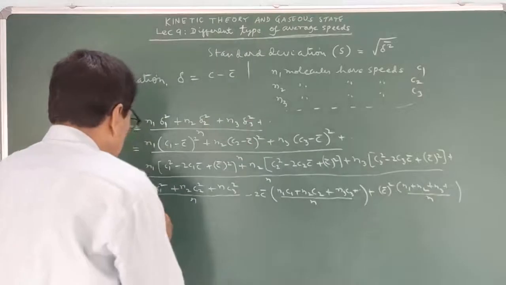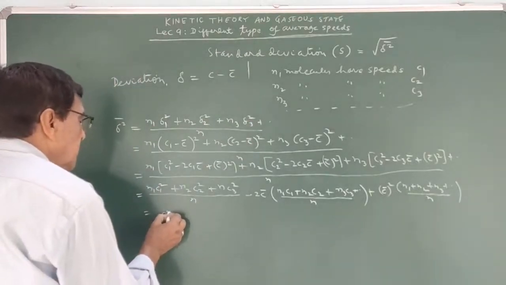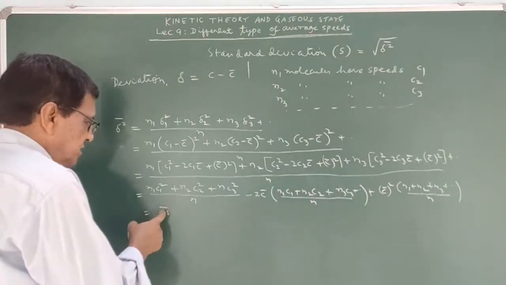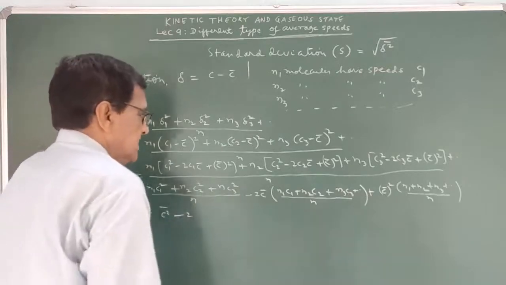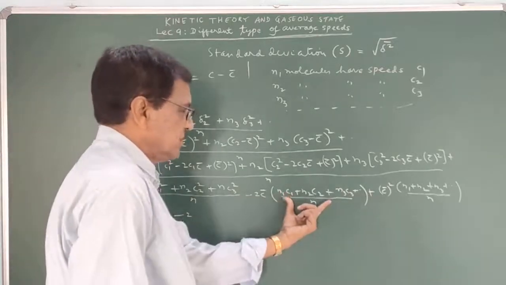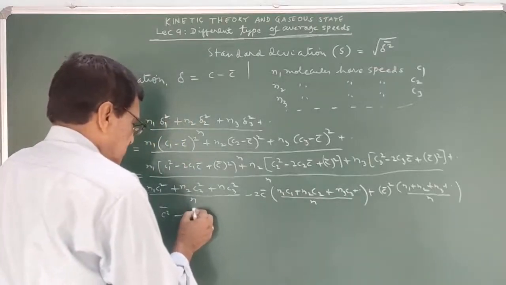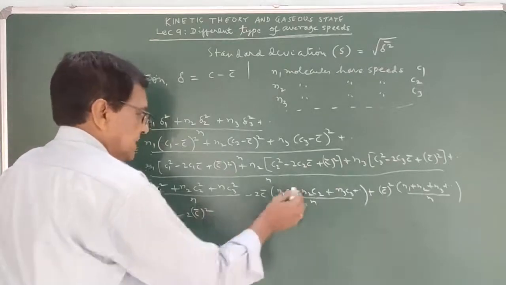So this one will give you C square bar, the mean square speed, and this one minus 2 C bar, and this term within the bracket is also C bar, so minus 2 C bar square.